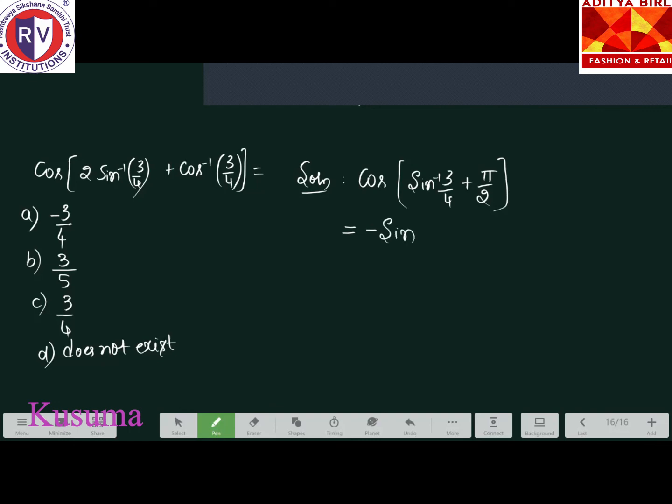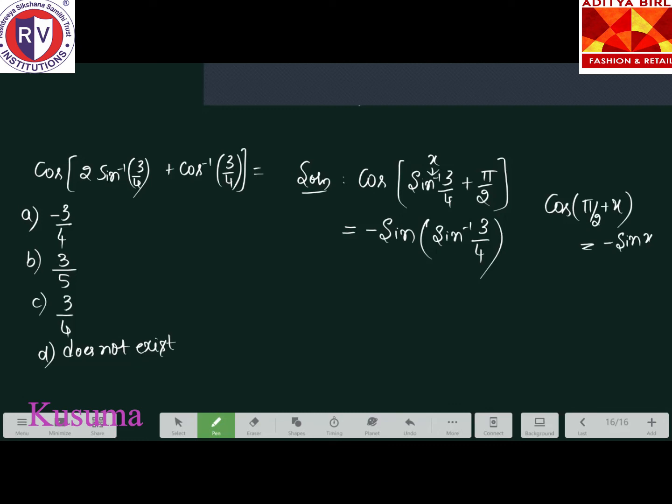So here what is x? Here x is sin inverse of 3 by 4. How did we write this? Cos of pi by 2 plus x is minus sin x. So here pi by 2 is there, and in the place of x, sin inverse 3 by 4 is there.